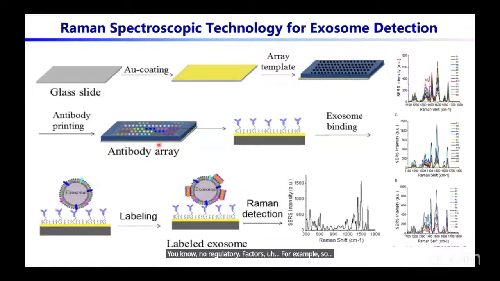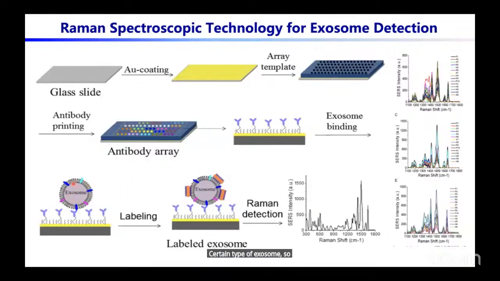In this case, you can design some kind of array system. On this plate, array template, you can attach some kind of probe molecules. Those molecules have the tendency to bind to a certain type of exosome.